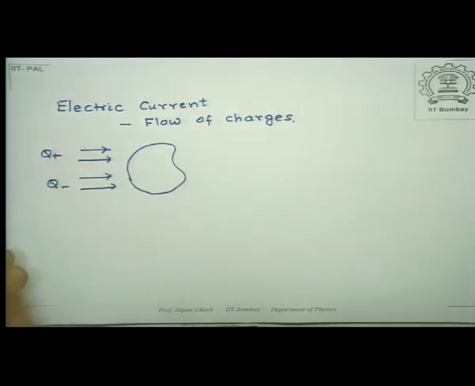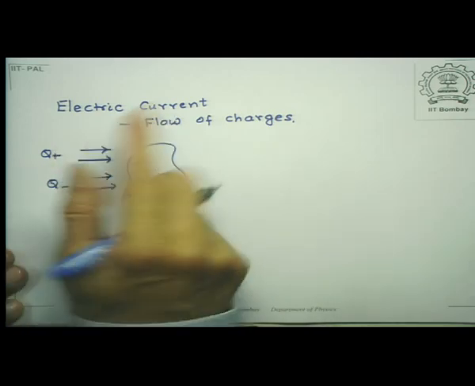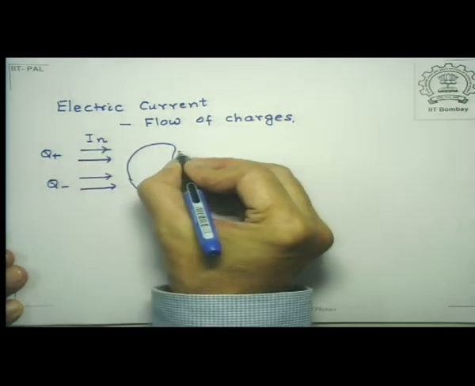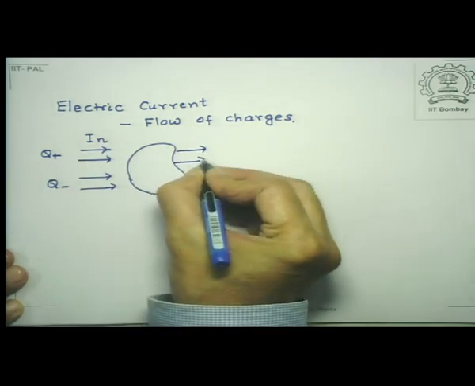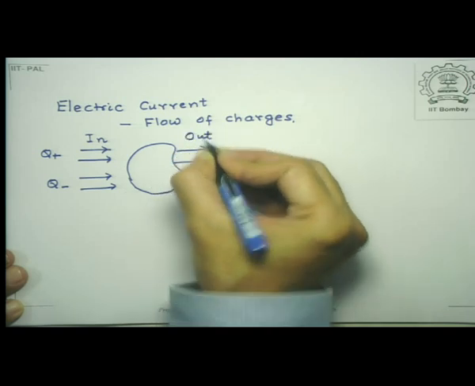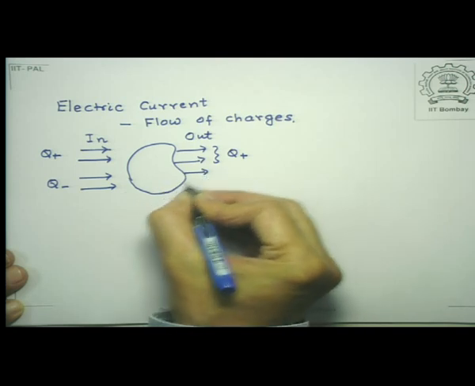Whatever enters that surface comes out. So this is the charge in, and they are coming out on the other side of that surface. So this is my charge out, obviously that is also equal to Q plus, and this is Q minus.